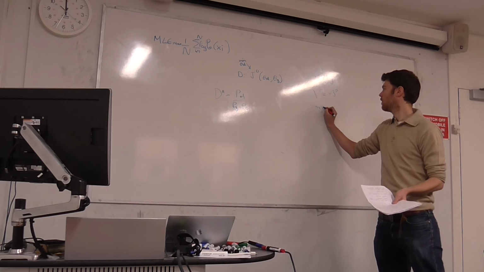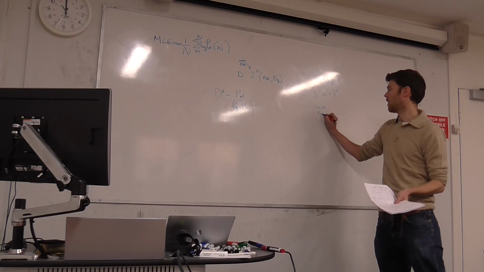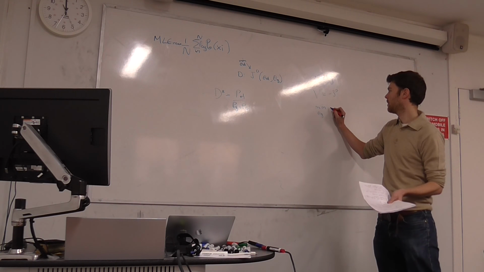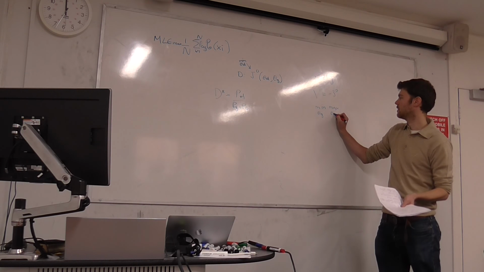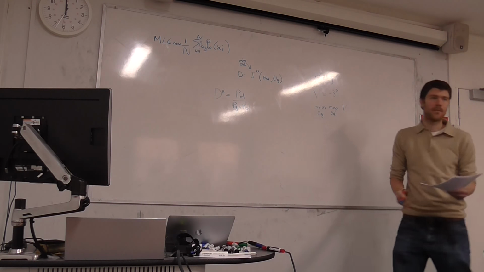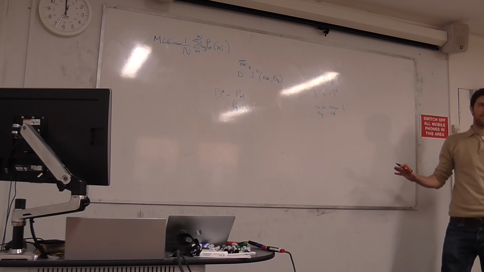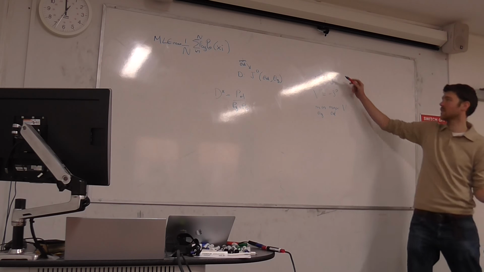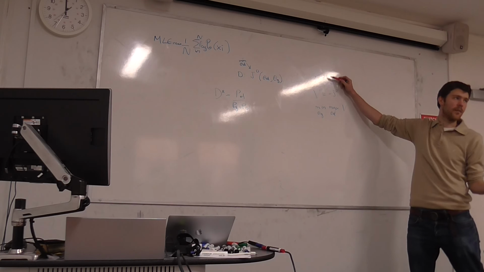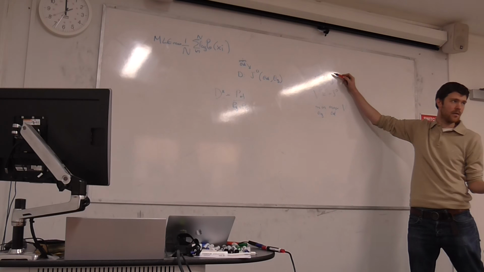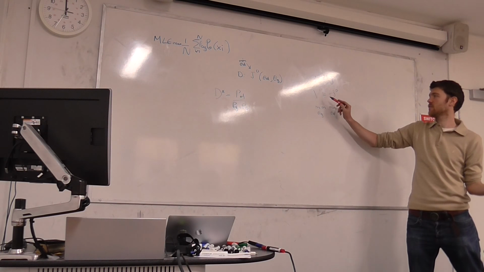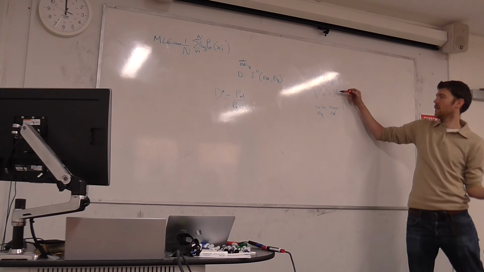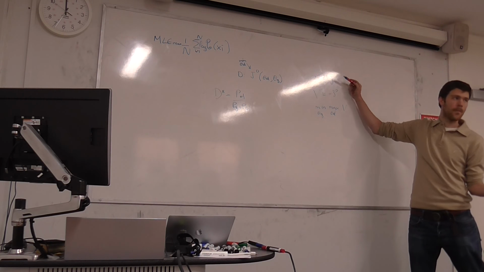We want to minimize with respect to the parameters theta g, and then we maximize with respect to theta d. We're minimizing this before. We want to maximize this for the discriminator because it's got a minus. So that's the discriminator, and the generator is just minimizing this.